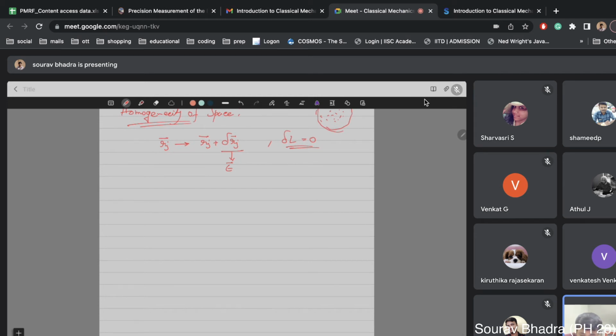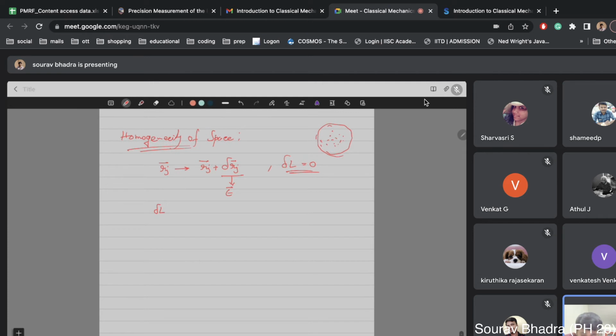So now our delta L, the small deviation of the Lagrangian, can be written as the summation over j of del L del Rj times delta Rj. And delta Rj we have already taken as epsilon, so it will come out of the summation. So that is epsilon times the summation of del L del Rj.